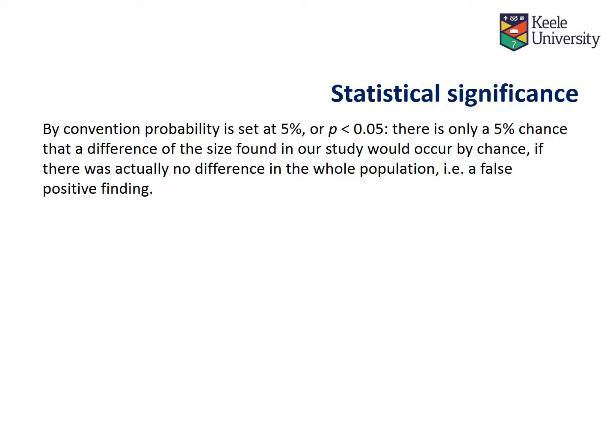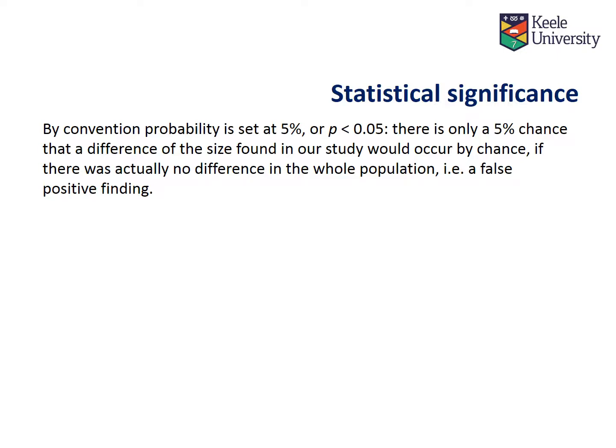P is. And by convention, we want this probability to be around 5% or less. That means less than 0.05. In other words, we want to say that there is only a 5% chance that a difference of the size found in our study would occur by chance if there was actually no difference in the whole population, a false positive finding. So what we're saying is we do a perfect study, absolutely perfect in all ways.